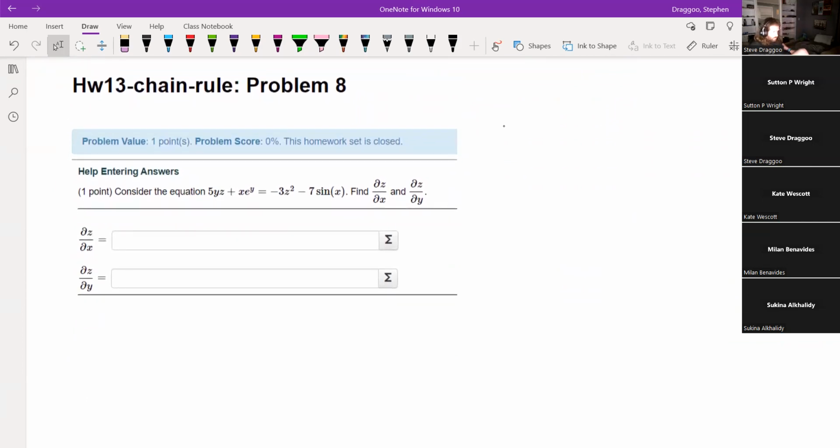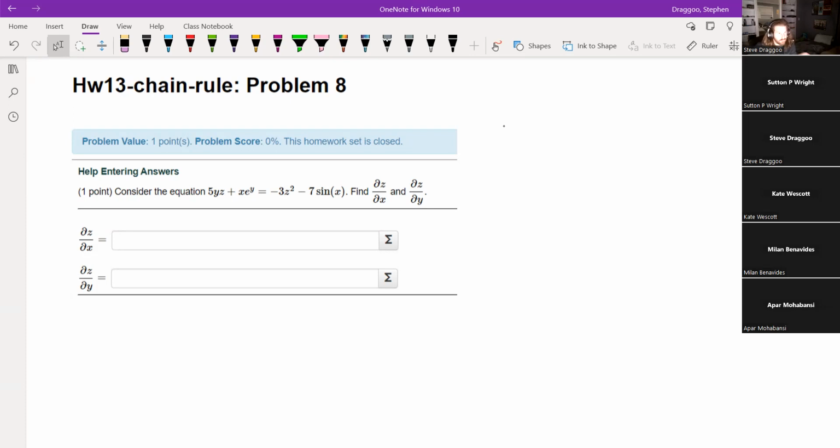So within the chain rule, we've got a couple of different types of problems we looked at. One was a chain rule that involved multiple stacking variable systems, or multiple stacking parameter systems. The other type of derivative we looked at in this section was an implicit derivative with multiple variables.